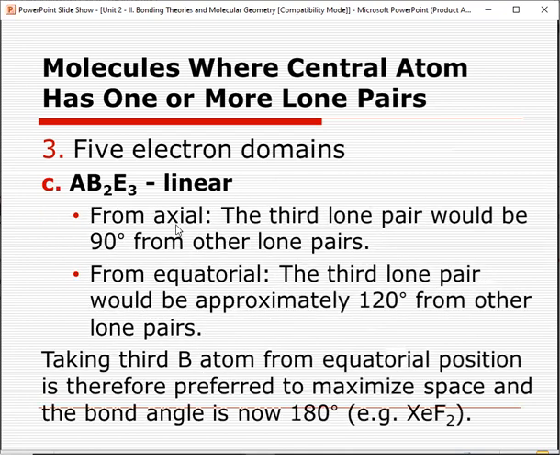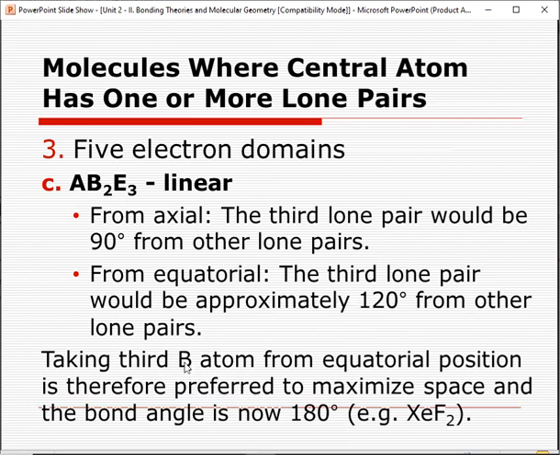So from axial, kung axial nimo ibutang ang lone pair, the third lone pair would be 90 degrees from other lone pairs, and kung equatorial, the third lone pair would be approximately 120 degrees from other lone pairs. Taking third B atom from equatorial position is therefore preferred.